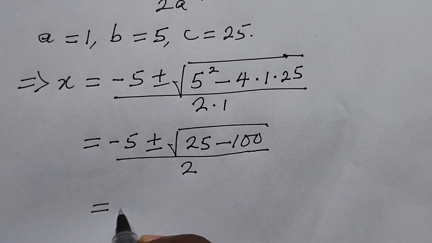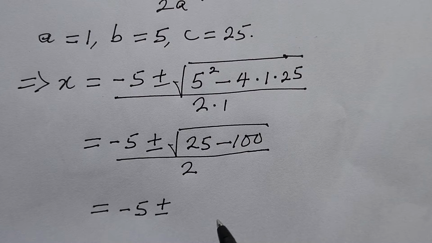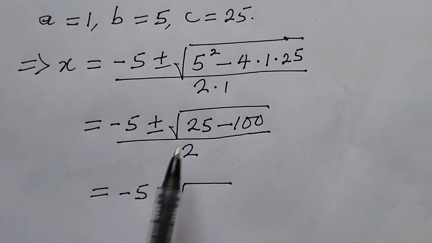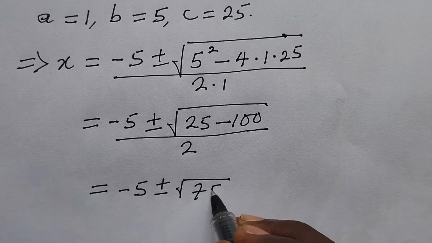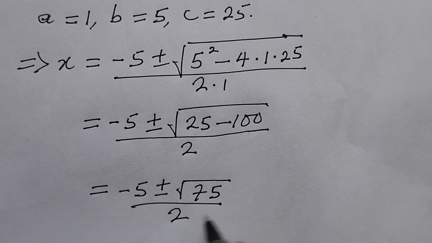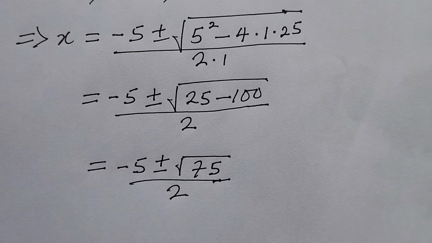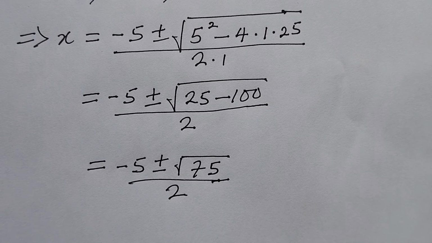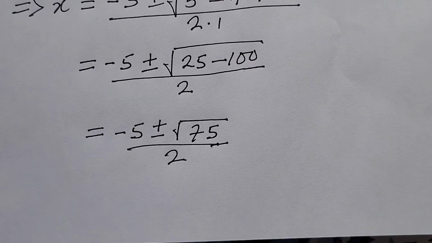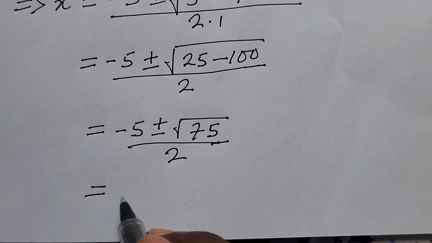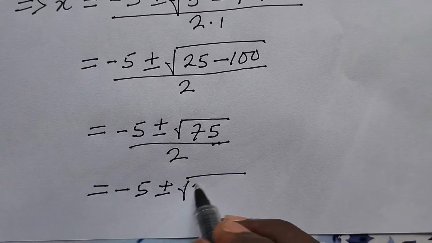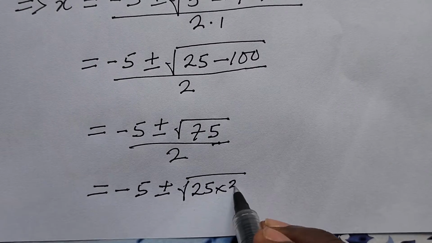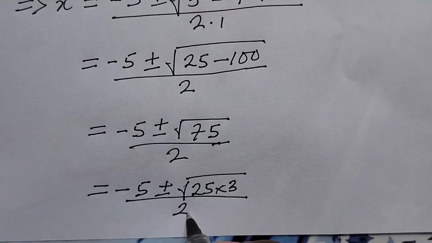So this will give us minus 5 plus or minus the square root of 25 minus 100, which gives us minus 75, all over 2. Now 75 is not a perfect square, but 75 can be written as 3 times 25, where 25 is a perfect square. So we can rewrite what we have inside the radical: minus 5 plus or minus the square root of 25 times 3 all over 2.